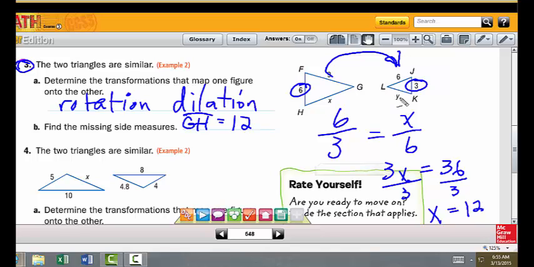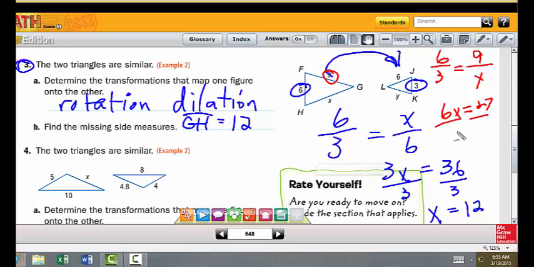Now we're going to do the math for y, so we'll switch to red here. In this case, again, we had 6 over 3 equals, this is a 9 here, 9 over y. So once again, we have cross multiplication of 6y equals 3 times 9 is 27.